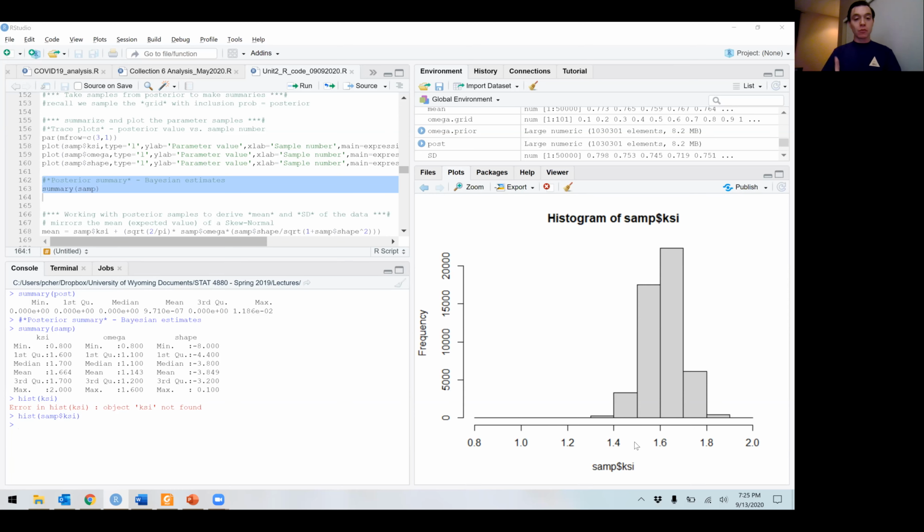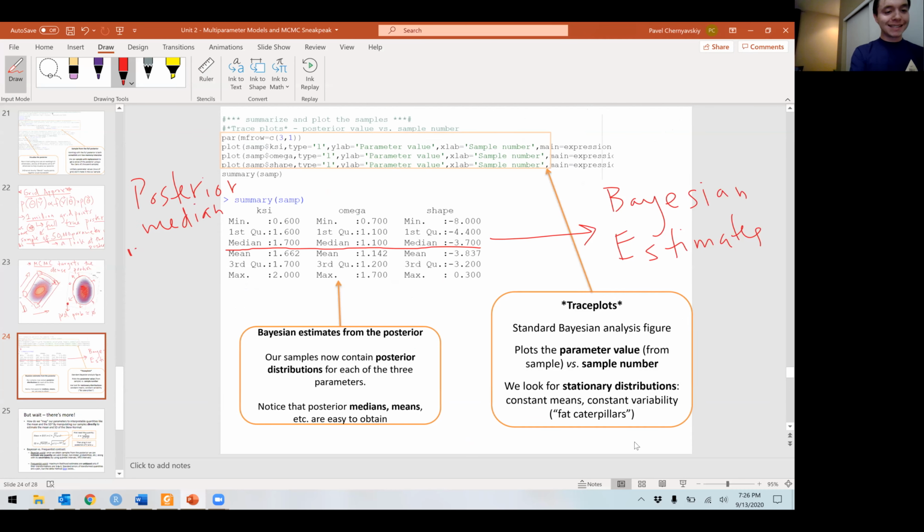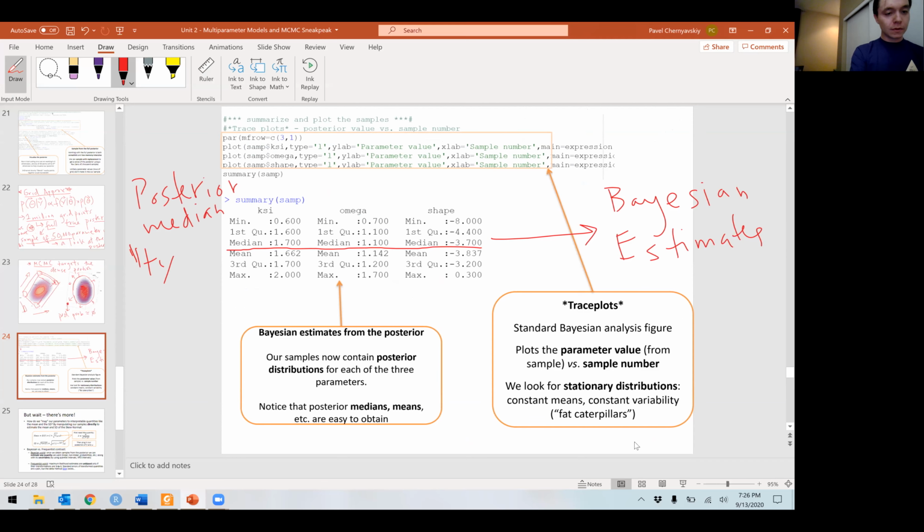I can pick off any number from there and that will give me something. Now, some values are more useful than others. So for example, I personally really like the median as a particularly useful Bayesian estimate, because the posterior median gives us the typical value of the parameter given this data set.